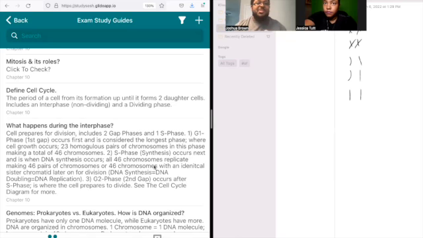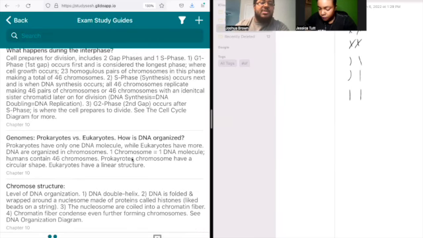So there are two types of pairs. During G1 phase, the 23 pairs are homologous pairs. Homologous means one father, one mother. You'll get more into that term in chapter 11. So in G1 you have the 23 homologous pairs, and in S phase you have the 46 chromosome pairs, which is talking about replication. Then you have G2, and then the dividing phase.